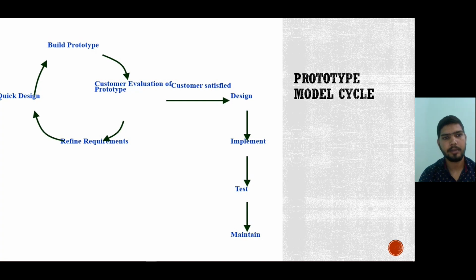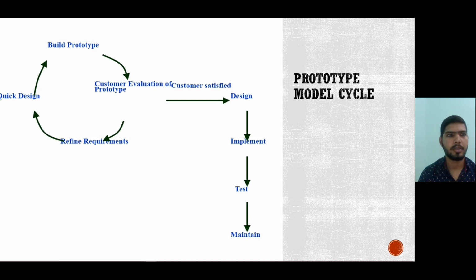Otherwise, we go back to refine requirements and then do the quick design again. This is fully dependent on customer satisfaction. Once the customer is okay with the built prototype, we go to the development phase.